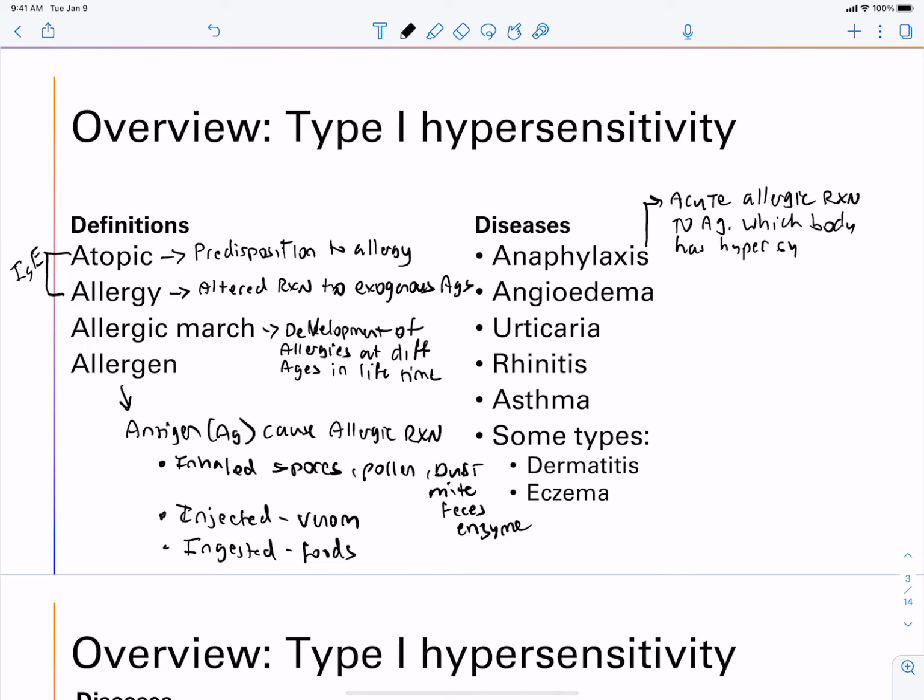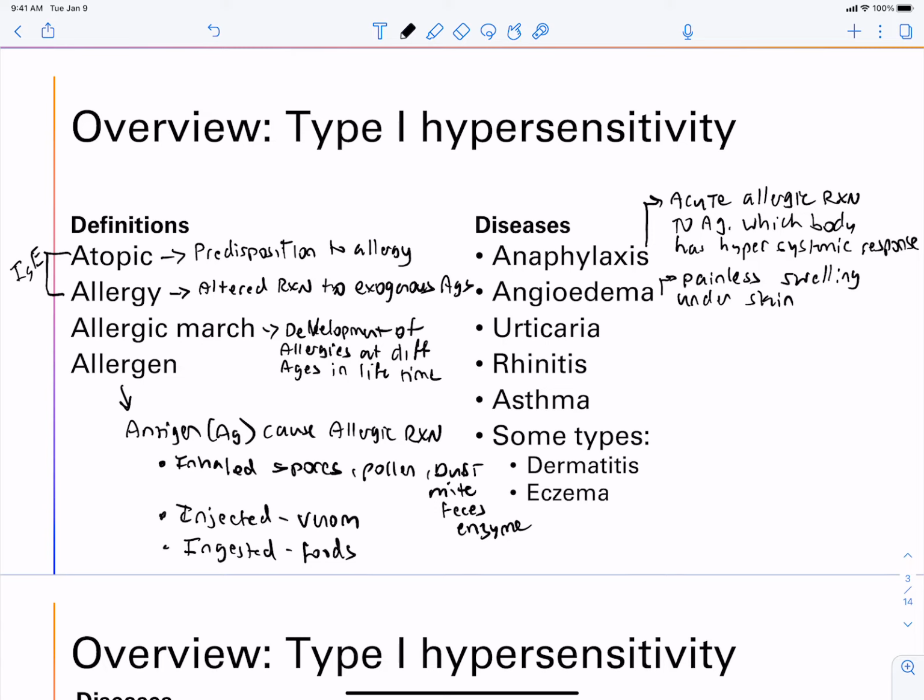And it's a systemic response. Angioedema is a painless swelling under the skin. And it's caused by an allergen.